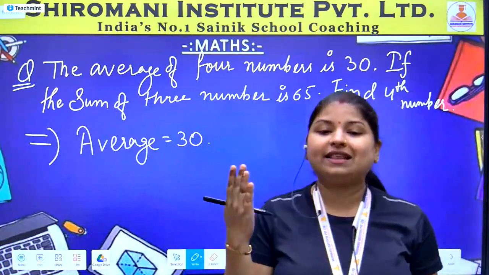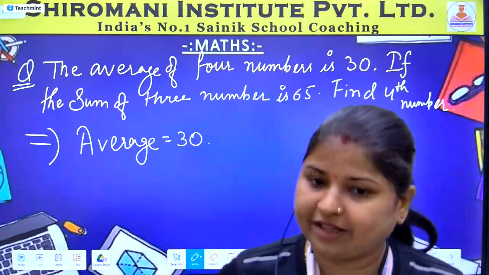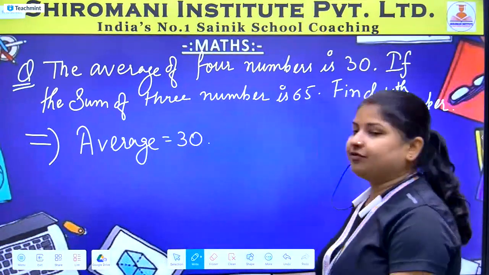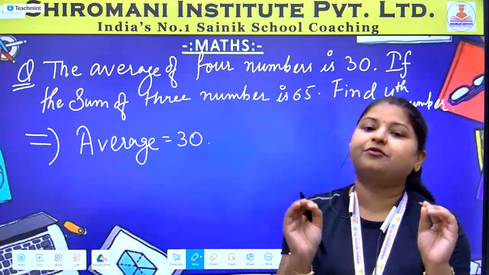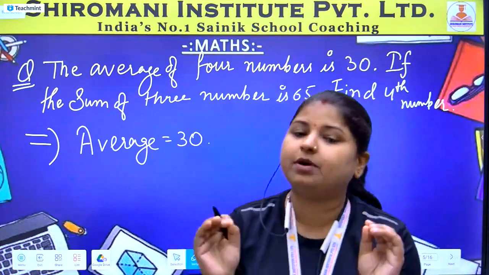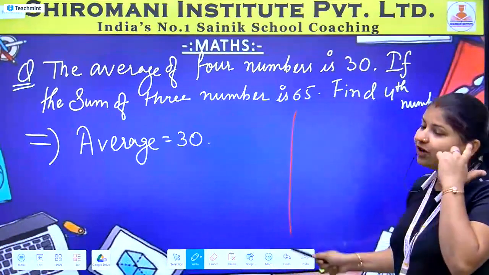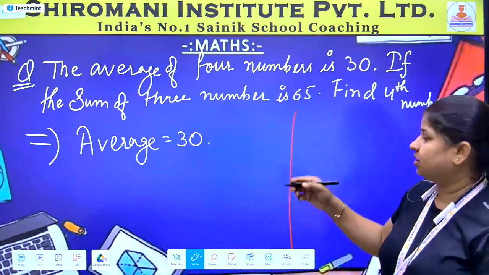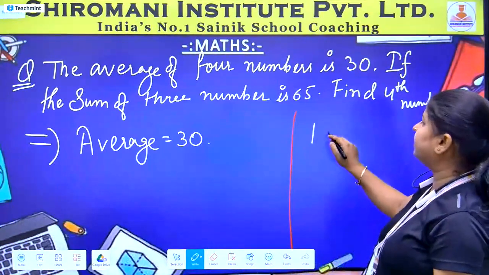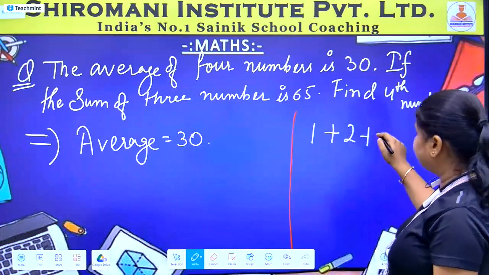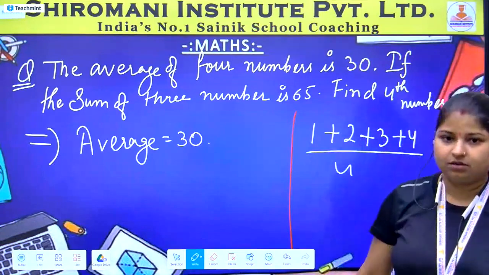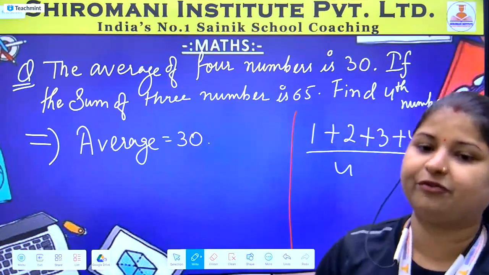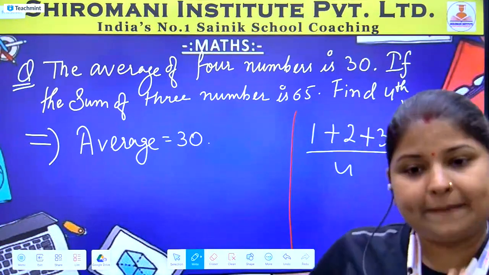I have to find the fourth number. If all the four numbers were given to us, how could we have calculated our average? First number, second number, third number, fourth number upon four.